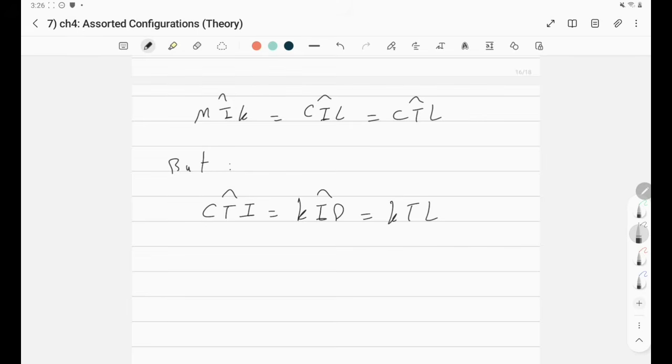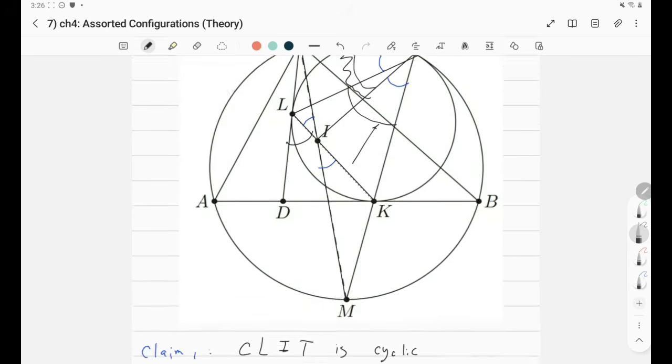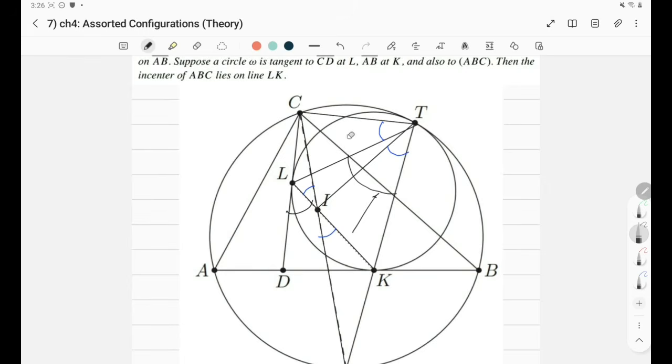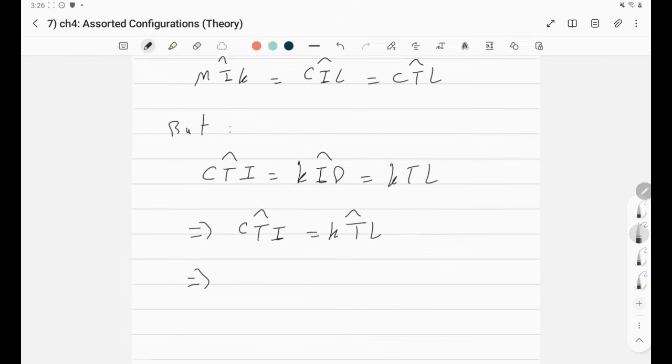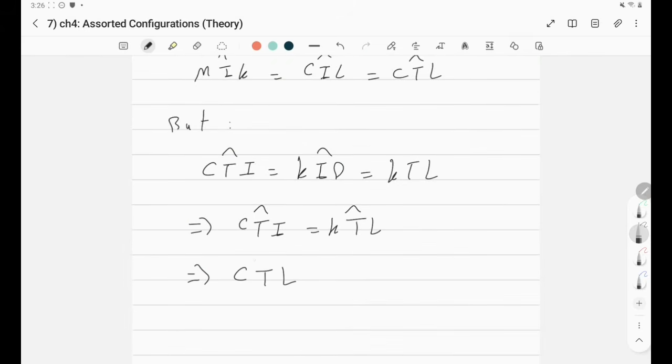Alright, so that means that CTI equals KTL, and we have this kind of isogonality now, so once you have this isogonality, then you can say the blue ones are equal. So CTL equals KTI, and yeah, that's it.